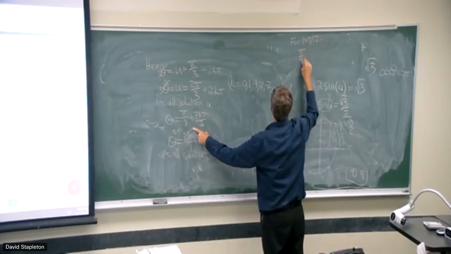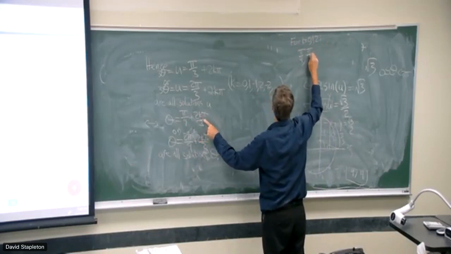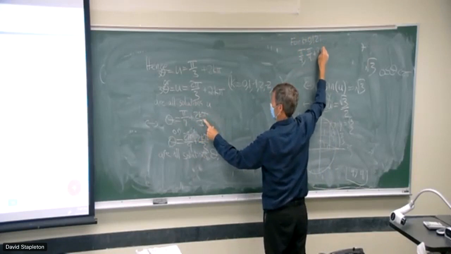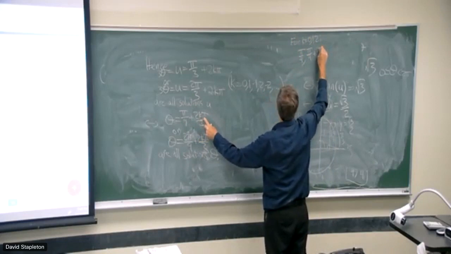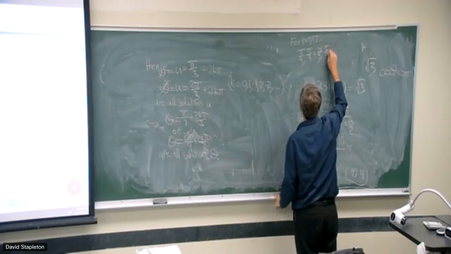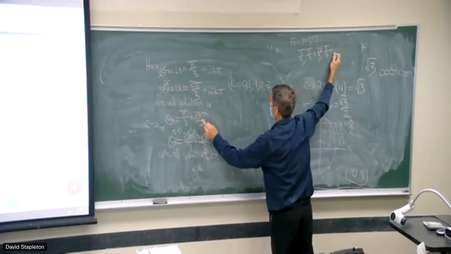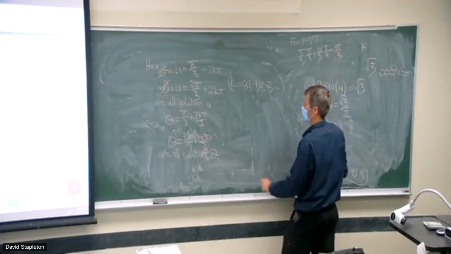Pi over 9. Pi over 9 plus 2 pi over 3 when k equals 1. And when k equals 2, pi over 9 plus twice 2 pi over 3 is 4 pi over 3. So those are all the solutions in the first case.